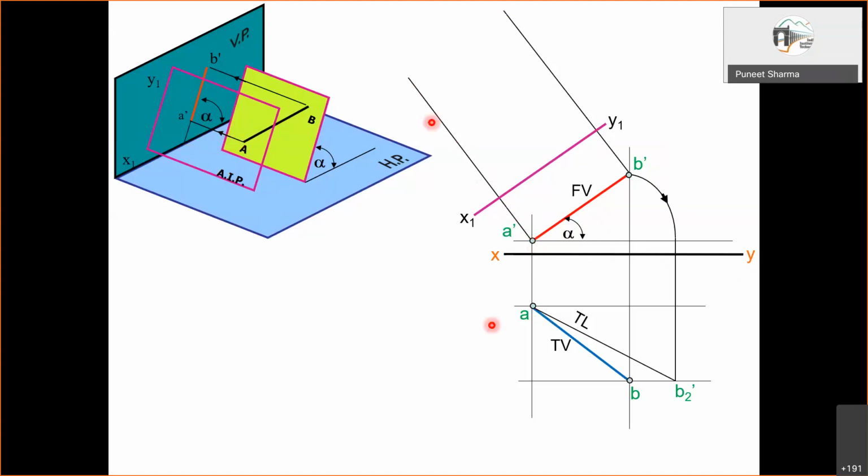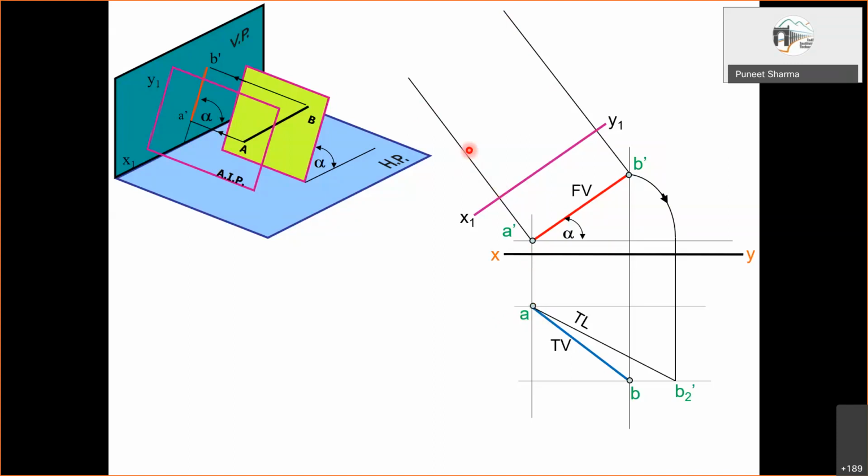Second, the distance of small a from xy will be the same as the distance of small a1 from x1, y1. So from this point, we measure the same distance, from small a up to this xy, along this direction, and mark a1.